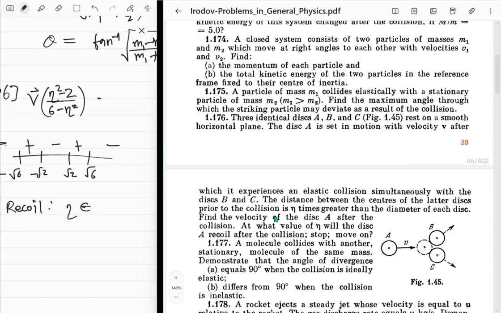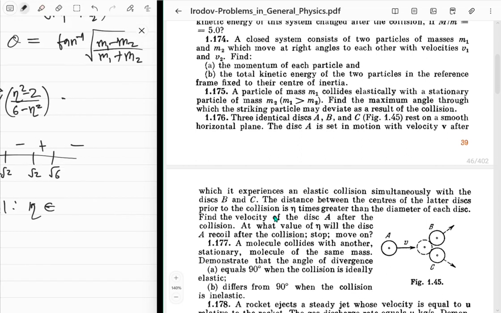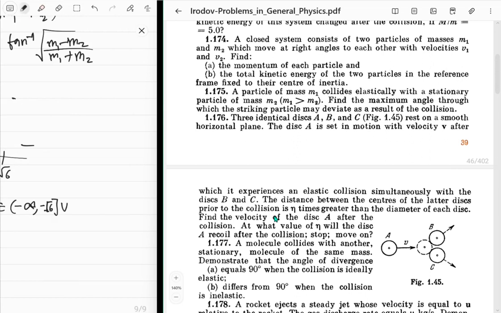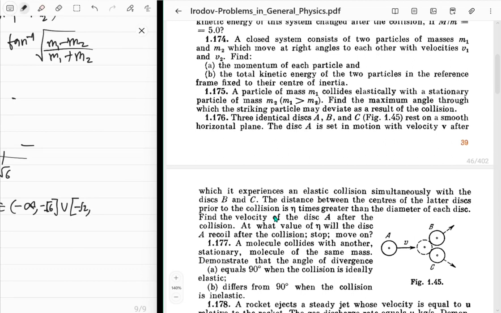Okay, so it should belong to, let's see, it goes from negative infinity to negative square root 6. Oops, never include your infinities. Negative infinity, what am I writing? Negative square root of 6, union negative square root 2 to square root 2, union square root 6 to infinity.